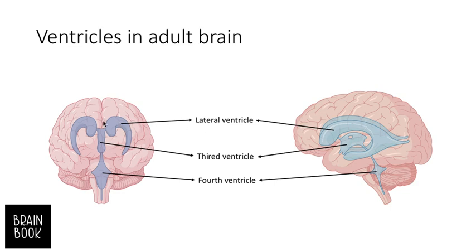And these two lateral ventricles are connected to the third ventricle via the foramen of Monro. And here you can see that we have a third ventricle. The third ventricle is connected to the fourth ventricle here via the aqueduct.